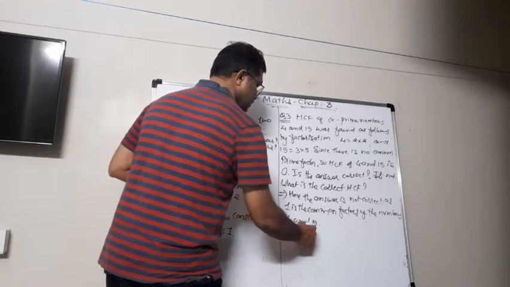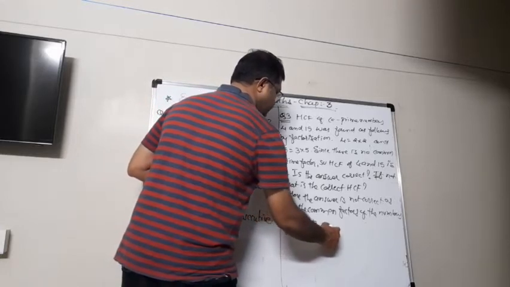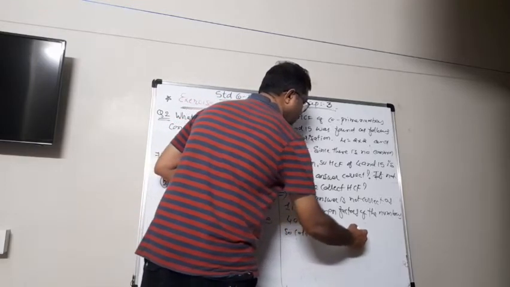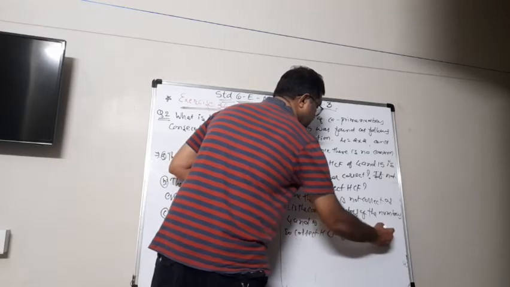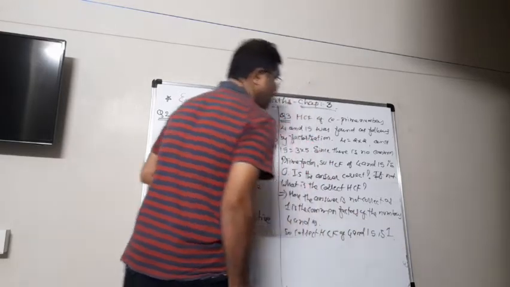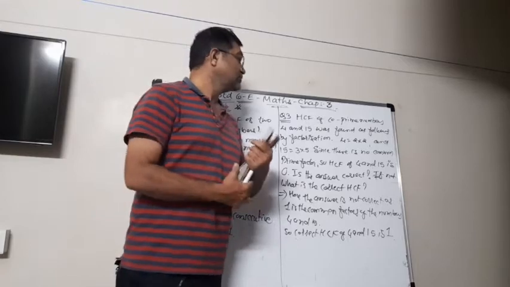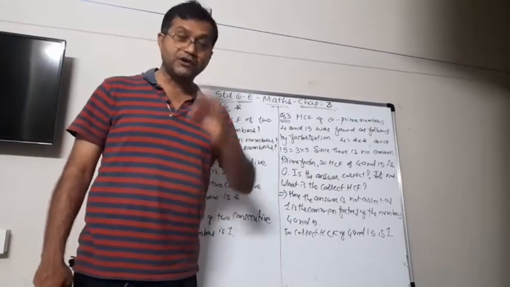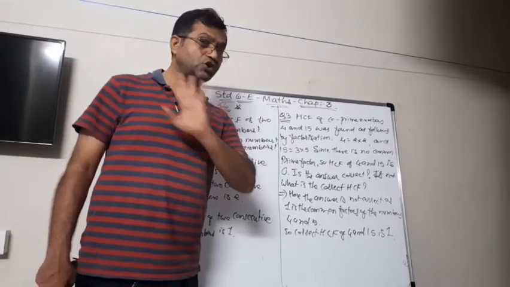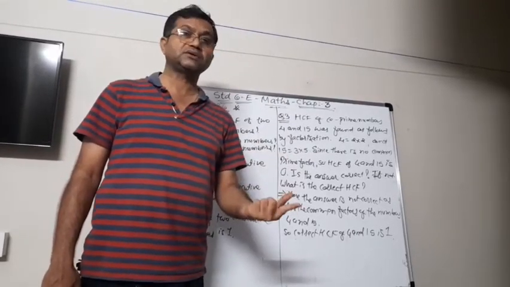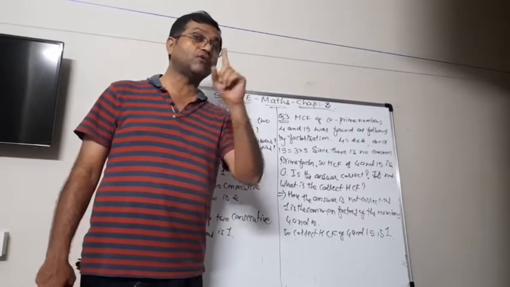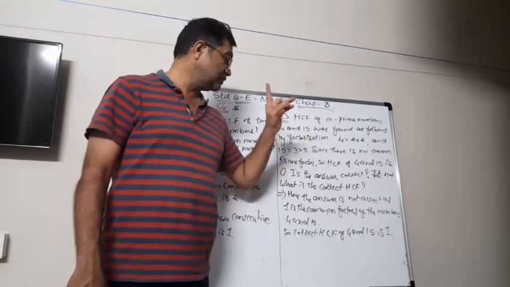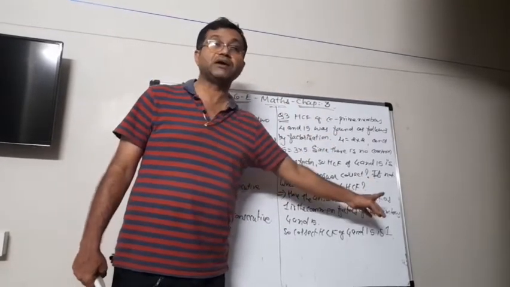So the correct HCF of 4 and 15 is 1. It is not 0. 0 cannot be the HCF. If there is no common factor when you prime factorize, then we know that nothing is there other than 1. 1 is the common factor of all of them. So we cannot write 0. It will be 1. So the answer is 1 here.